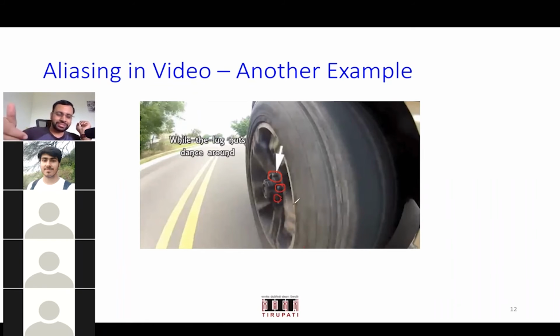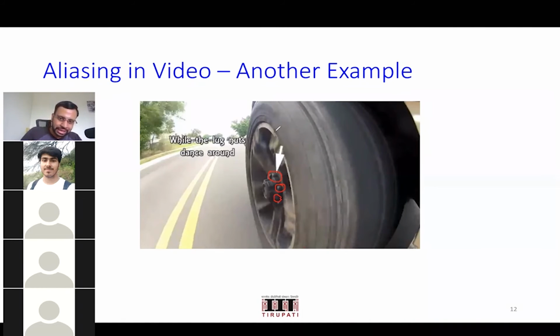Since this is a symmetric object rotating, we make an inference about forward or backward rotation by just keeping track of those landmarks. Otherwise it's very symmetric. You cannot distinguish anything there. There is nothing to distinguish the background, which is circularly symmetric. These are the points which you use.